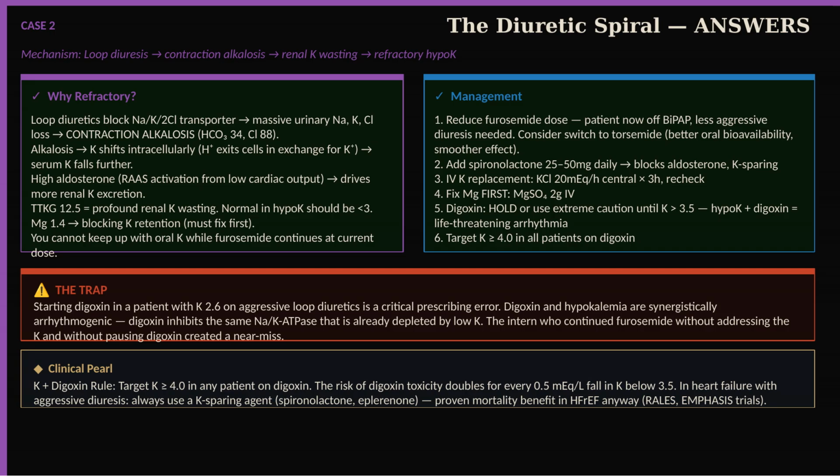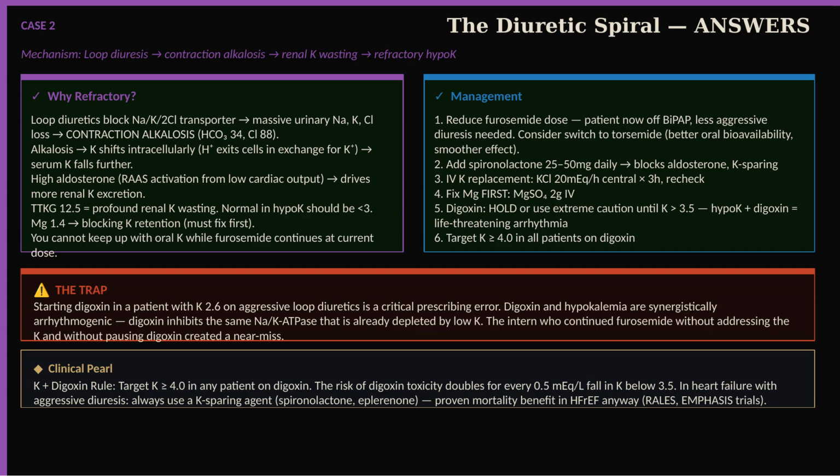On top of that, low cardiac output has cranked up aldosterone, which tells the kidney to excrete even more potassium. Her transtubular gradient of 12.5 confirms profound renal potassium wasting. It should be under 3 when you're hypokalemic. And magnesium of 1.4 is quietly blocking retention. Bottom line, you cannot out-supplement an open furosemide tap.